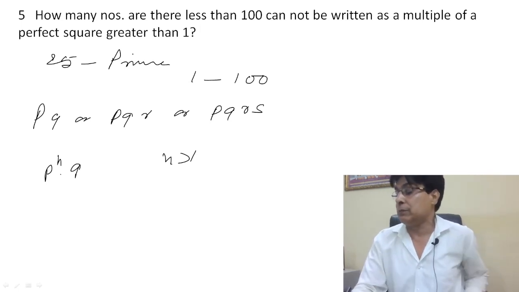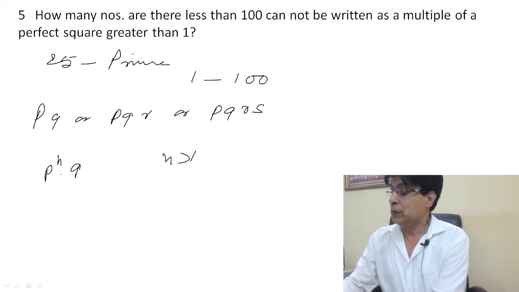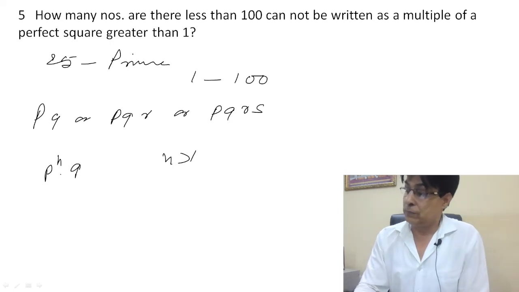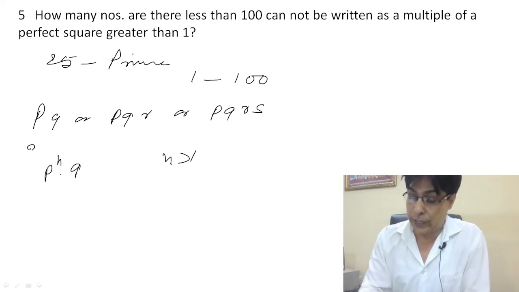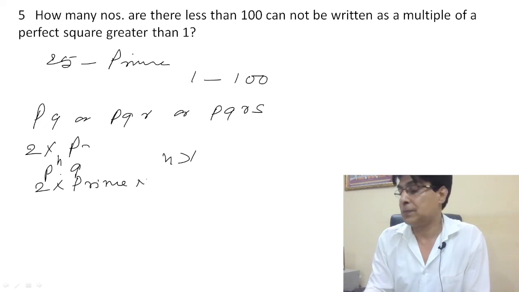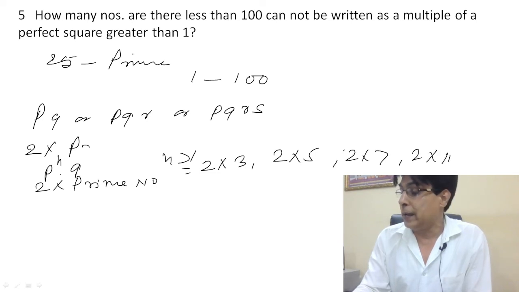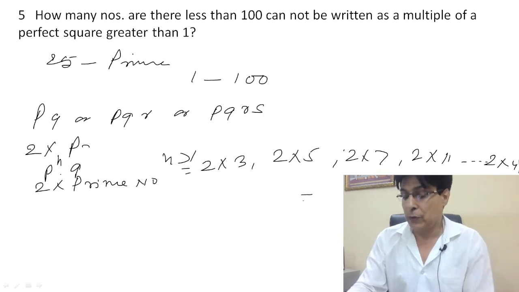This is a brute force question. First, let all multiples of two prime numbers, 2 into prime numbers, that is 2 into 3, 2 into 5, 2 into 7, 2 into 11 up to 2 into 47. Total 14 numbers.